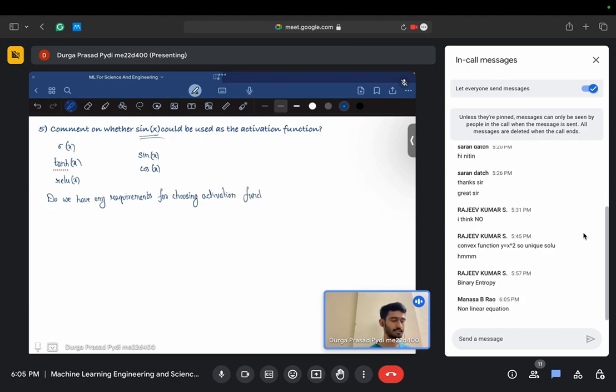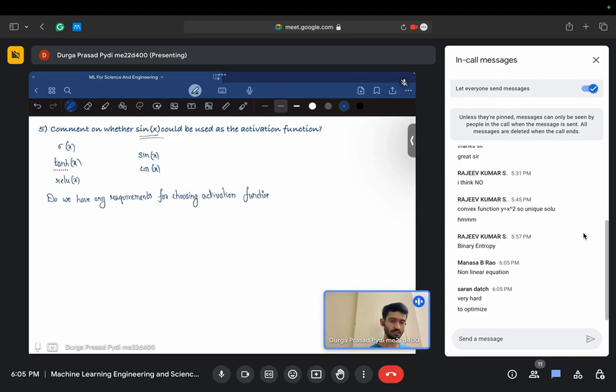Non-linear. So is sin x a linear one or non-linear? Very hard to optimize. Okay, one of you answered it needs to be non-linear. ReLU is actually a linear function, it's not non-linear.